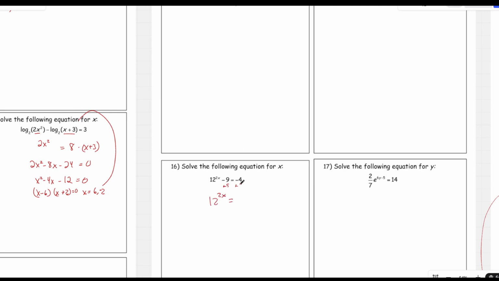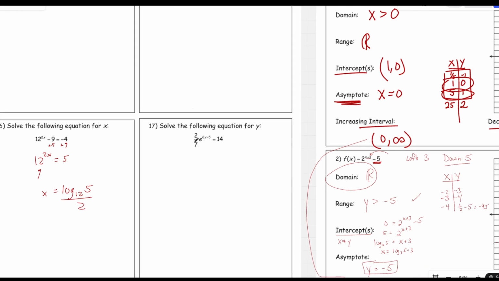Add 9, 5. And then the base of the exponential will become the base of the log on the other side. And this you just plug in your calculator, divide by 2. So here we want to multiply by the reciprocal first. 49.